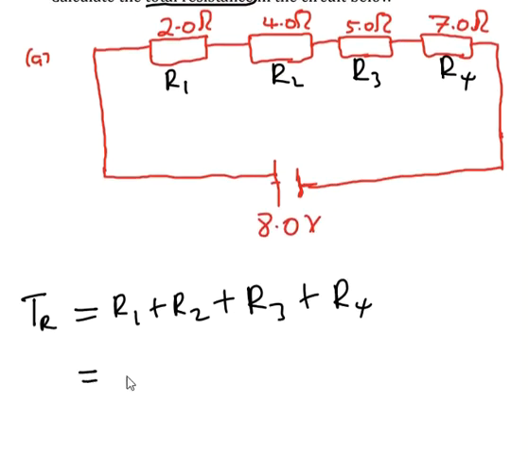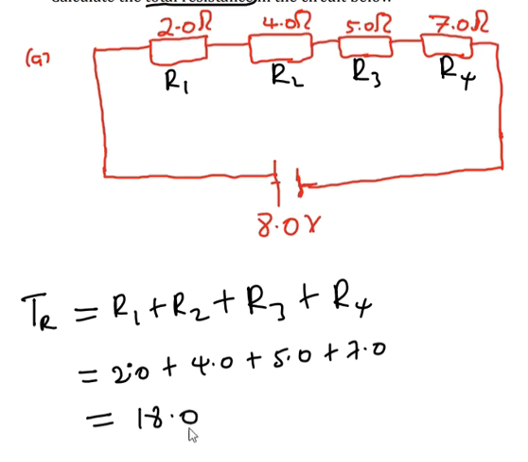So tingopanga substitute, apa tikhala ndi 2.0 plus 4.0 plus 5.0 plus 7.0, ndeti we get 18.0 ohms. Ndeti apa patapeza total resistance in this circuit.